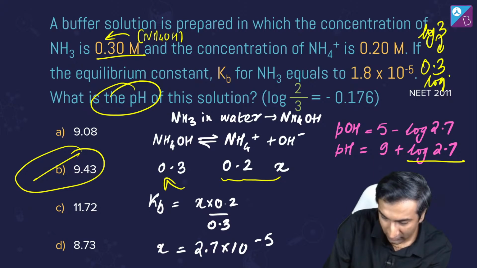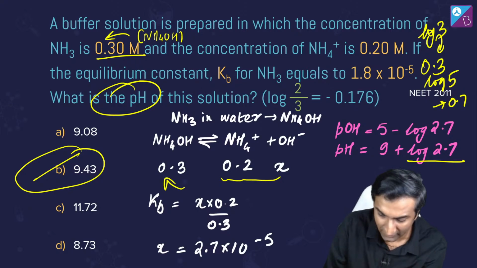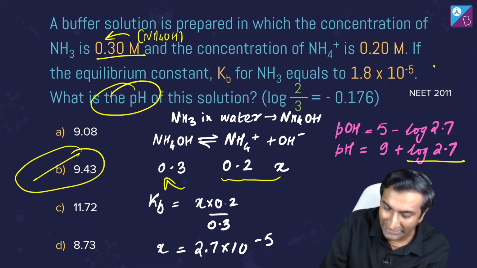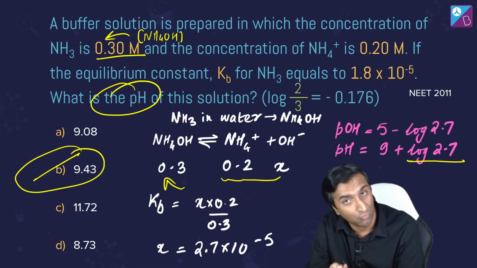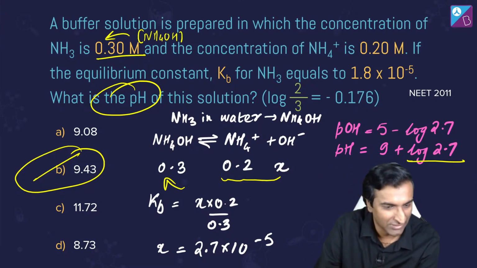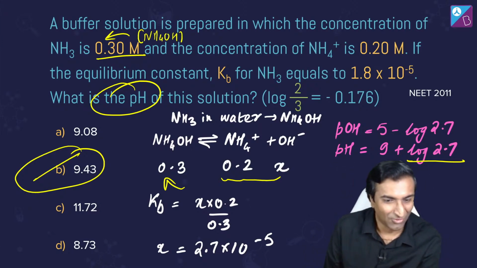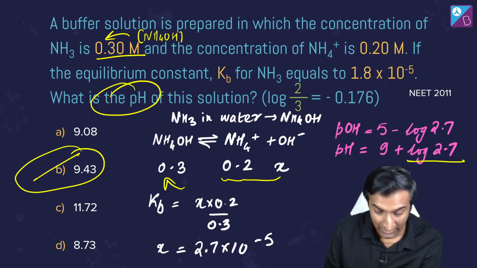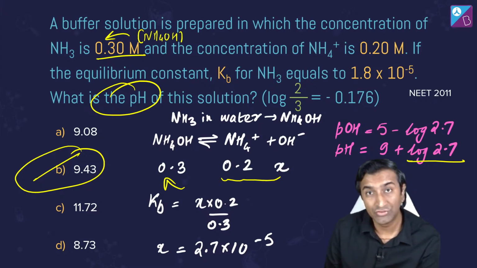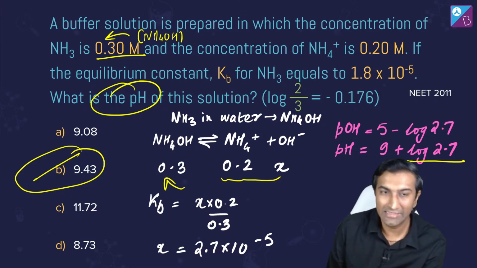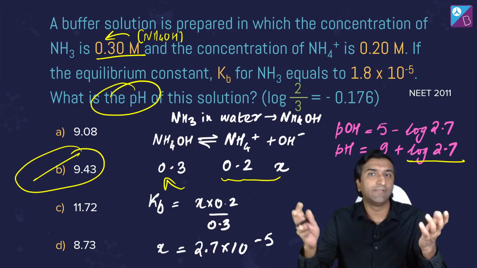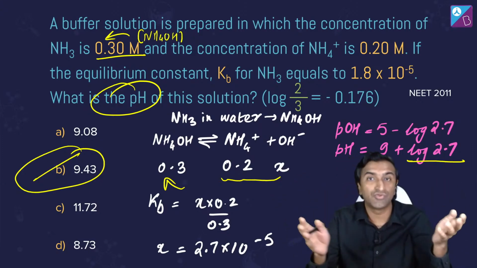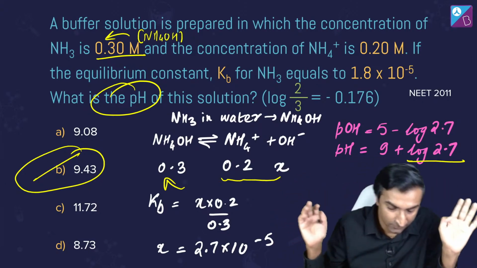And log 4, sorry, log 5 is 0.7 I think, ऐसा कुछ है. हल्का सा याद आ रहा था ये सब चीजें. डजंट मैटर, ये नीट आजकल नहीं पूछेगा ऐसे सवाल. 2011 में पूछ लिया, आजकल इतने फंकी सवाल नहीं पूछेगा, ठीक है. सो या विशाल, yes विशाल, in this case the formula way may have been easier, but you see if you do this also you'll get to the answer, ठीक है. Either way works. That's exactly what I'm trying to tell you. There are two ways, you choose whichever you want. My goal is to show you कि दो रास्ते हैं, आपको जो ठीक लगा आप करो, ठीक है.